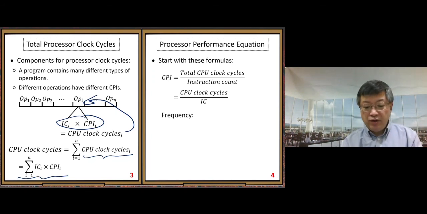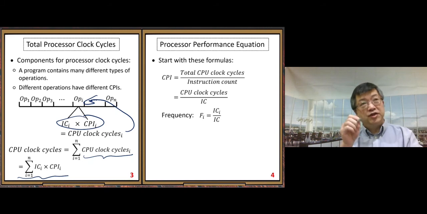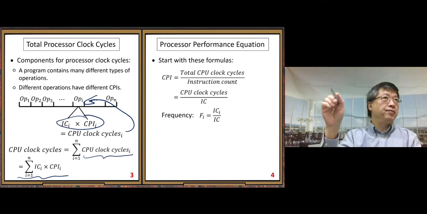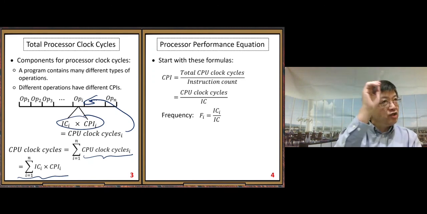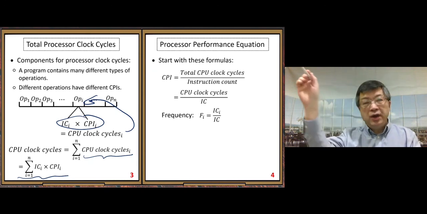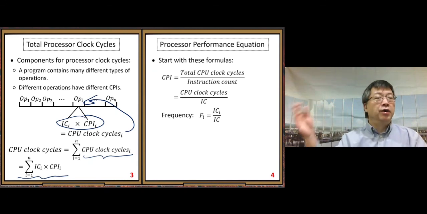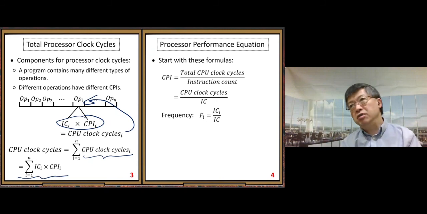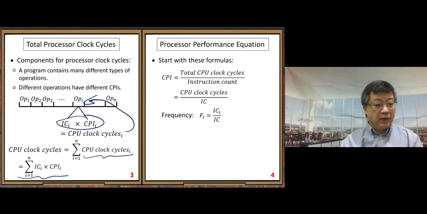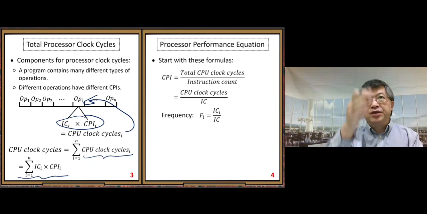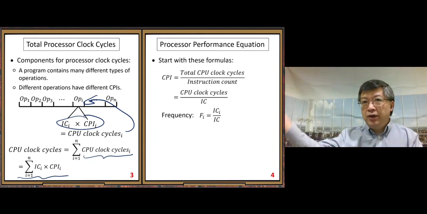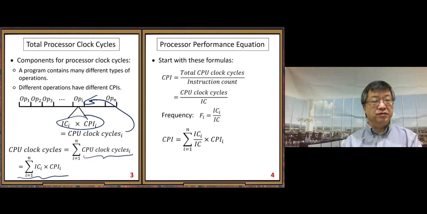So this frequency here we define as F_i, frequency for operation i, equals IC_i, the number of instructions for operation i, over the total number of instructions, IC total. Okay. So with this notation, now we are ready to derive our processor performance equation, the final version.